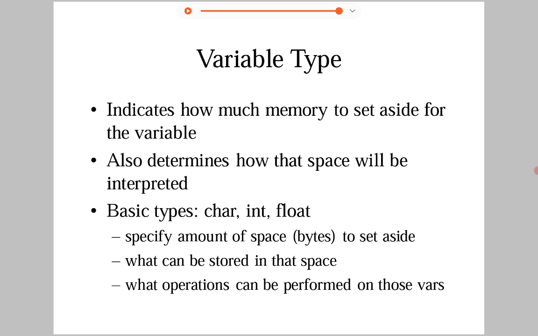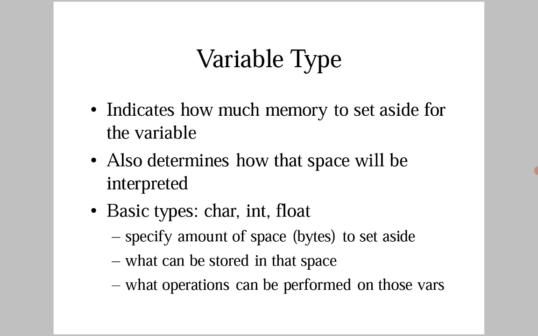Variable types. Variable type means data type. It indicates how much memory to set aside for the variable, and also determines how that space will be interpreted. Basic types are char, int, float. They specify the amount of space in bytes to set aside, what can be stored in that space, and what operations can be performed.